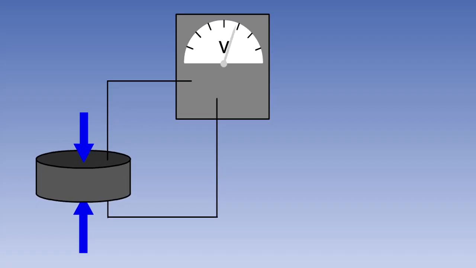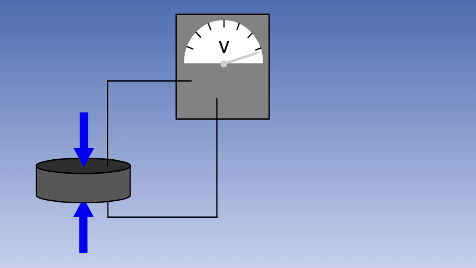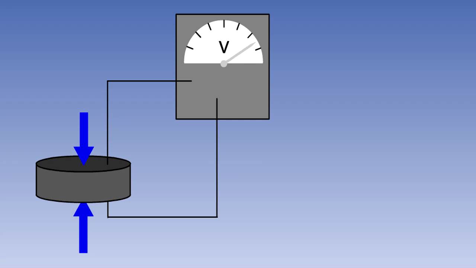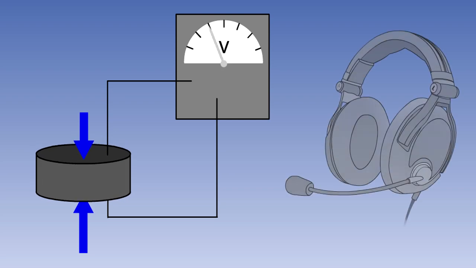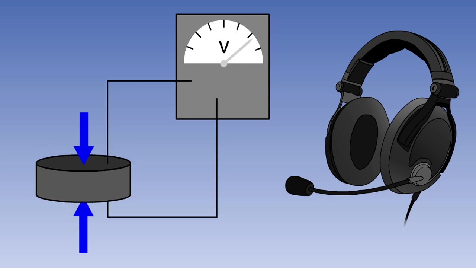When pressure is applied to a crystal of a suitable material, quartz for instance, the free electrons in the crystal move together on one side of the crystal. This produces an electrical charge across the crystal. These crystals are known as piezoelectric crystals. Piezoelectric crystals may be found in modern headset microphones.